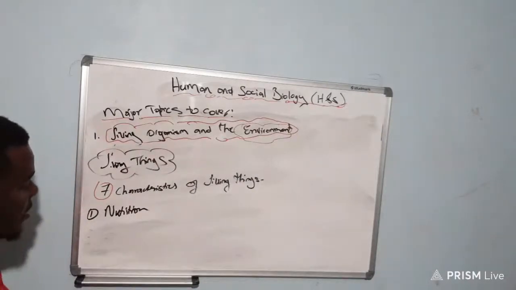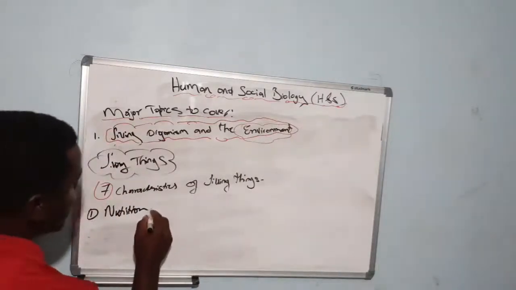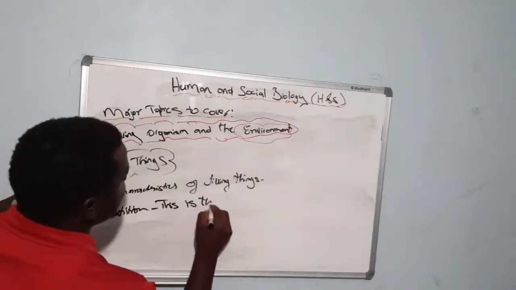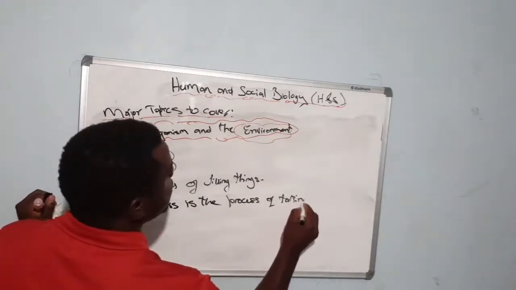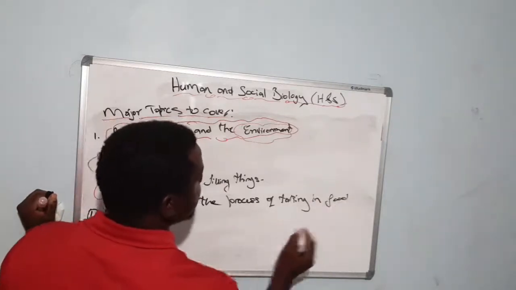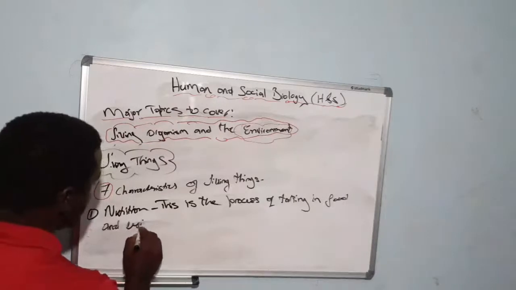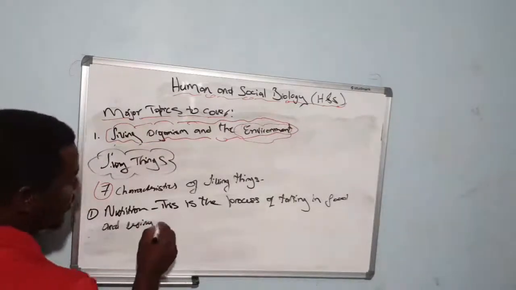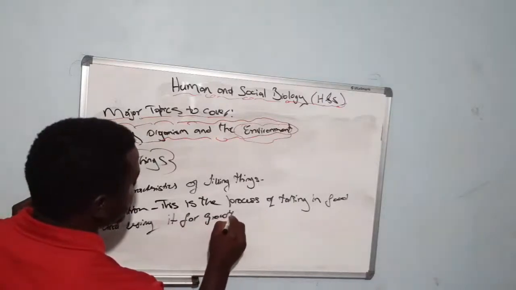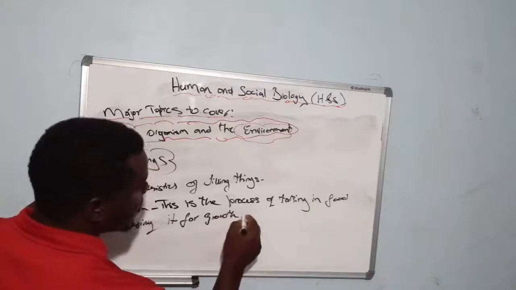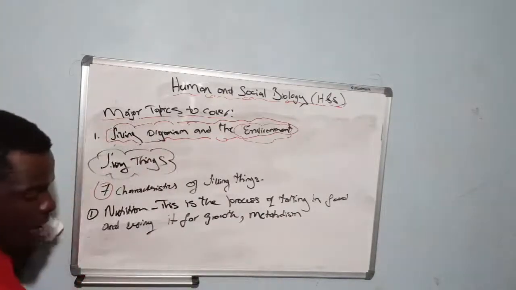So the first characteristic of living things is nutrition, and this is the process of taking in food and using it for growth, metabolism, and repair.